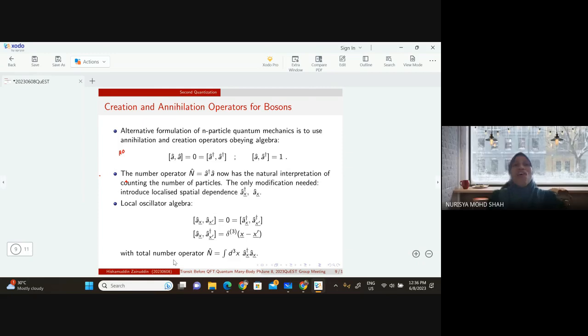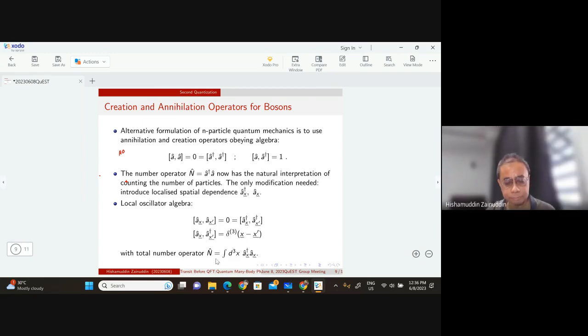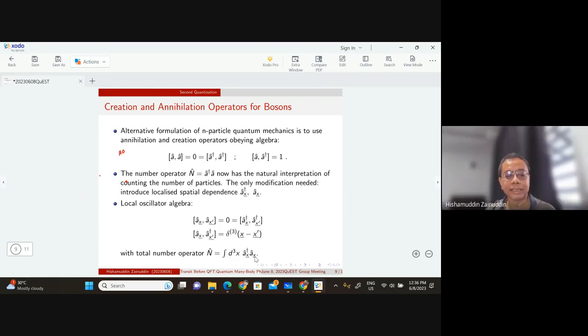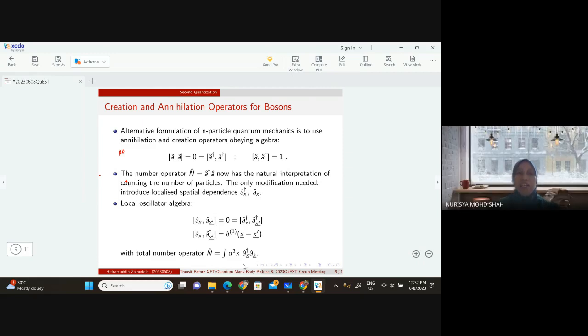For example, the total number operator will have the combination of your creation operator with your annihilation operator at the same point. If you do this, then there is a delta function in this particular expression, so you need to integrate it together with the delta function.